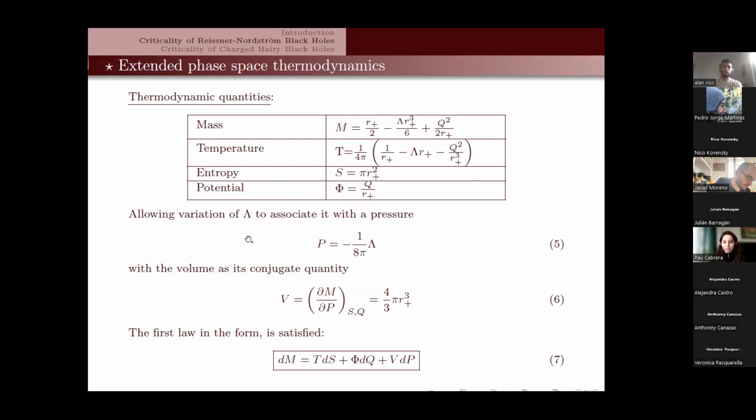It can be easily calculated here, and then we're going to work in the extended phase space associating lambda with the pressure, as I mentioned, and the conjugate quantity turns out to be the volume, which is conveniently that of a sphere of radius the horizon, and the first law is satisfied.